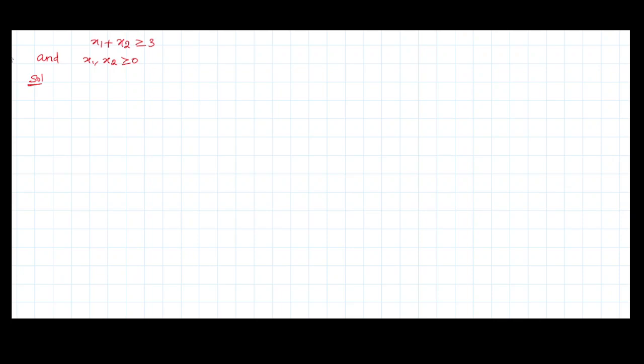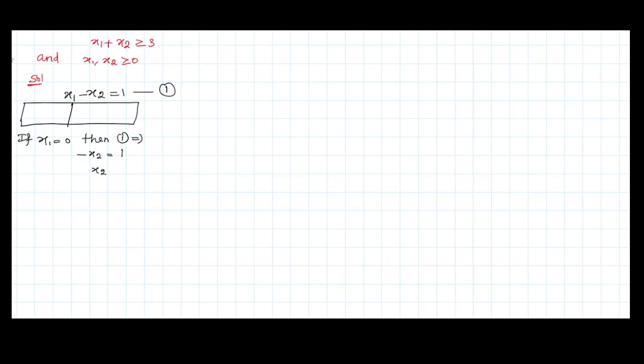Consider x1 minus x2 equal to 1, equation number 1. Then the points on the line: if x1 equal to 0, then minus x2 equal to 1, x2 equal to minus 1, therefore 0 comma minus 1.